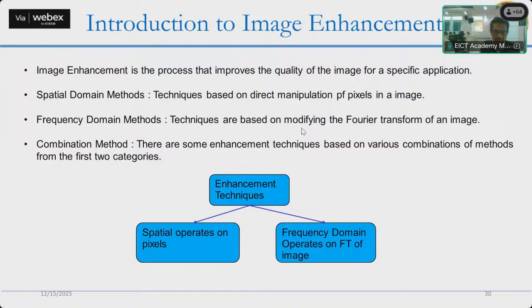Some may ask why we go to the frequency domain. One thing we need to be very clear about is that frequency for an image is basically the variation of the pixel values, how these values are varying.